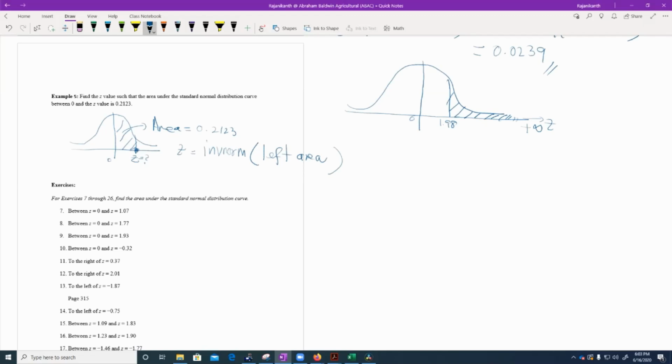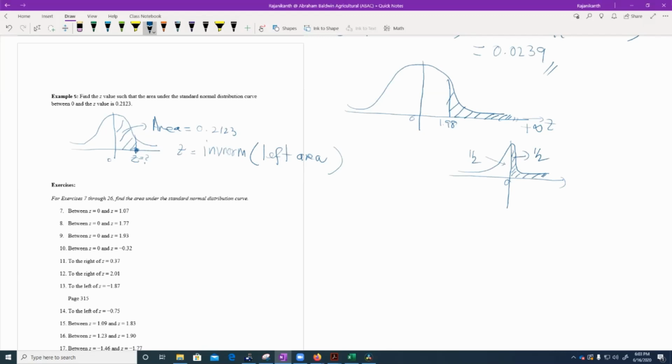Now, if you look at this picture, remember, if you have a standard normal distribution curve, what is my right side area of 0? Remember, this picture is symmetric about the midpoint 0. Therefore, the total area we know is 1. Therefore, the right side area should be half, and the left side area as well, right? Half, half, both sides.